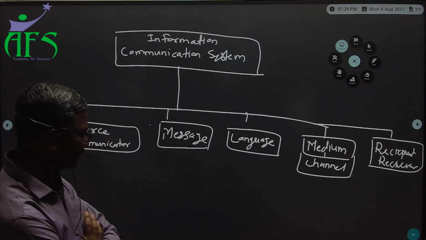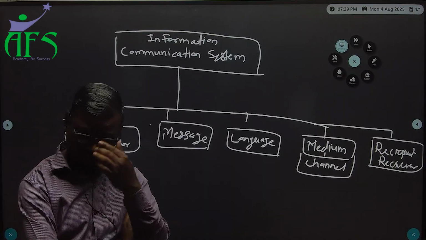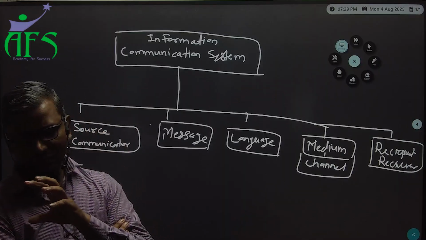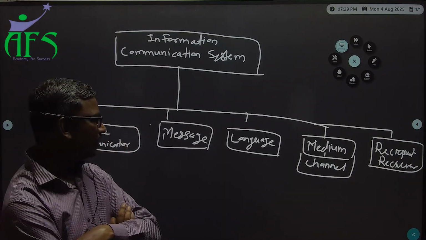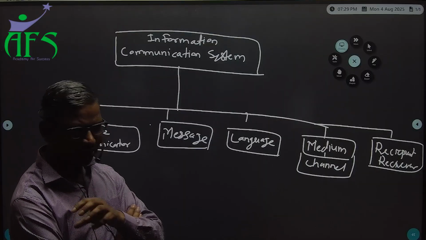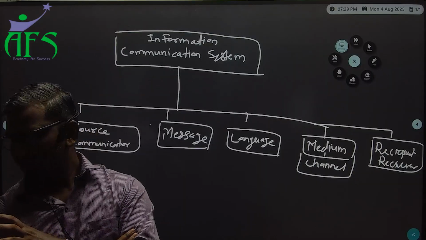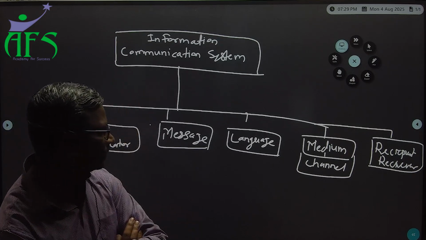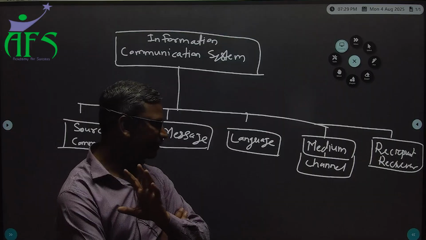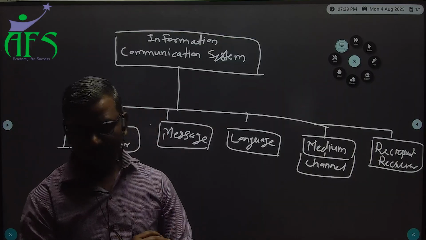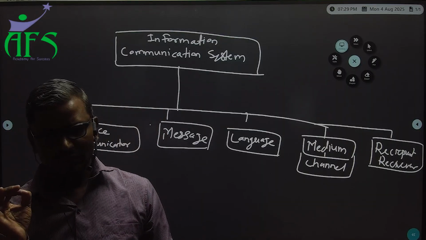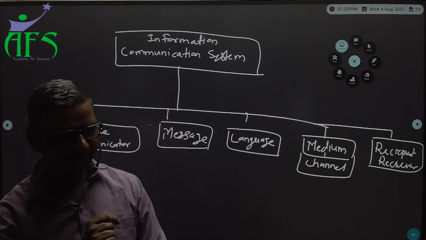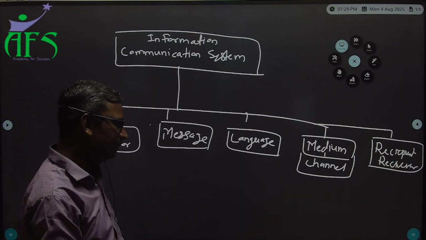Then language is a uniform of information or message. Then medium or channel: which kind of channels will be used to transmit the information from one place to another place. And the last one is recipient or receiver, those who consume and utilize the information.